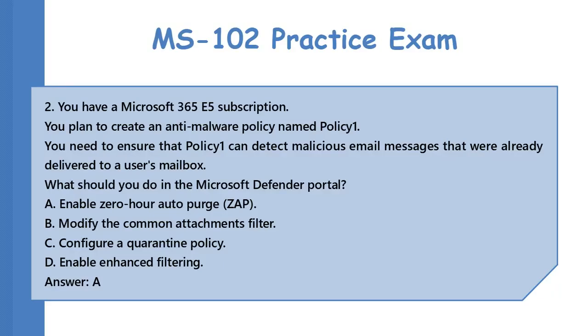What should you do in the Microsoft Defender portal? A. Enable Zero-Hour Auto Purge, ZAP. B. Modify the Common Attachments filter. C. Configure a quarantine policy. D. Enable enhanced filtering. Answer: A.